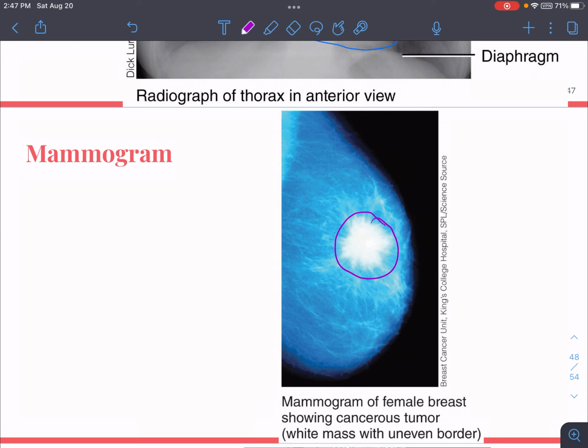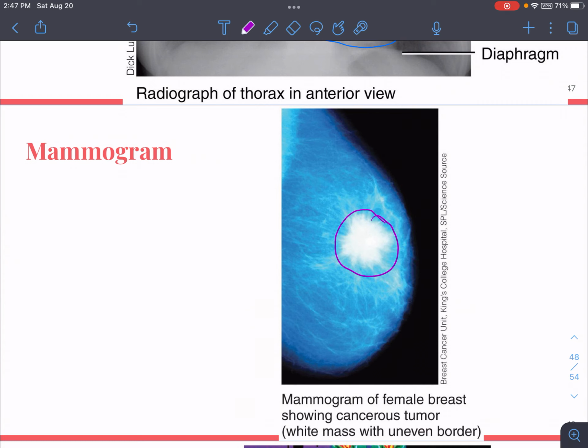This is what they see when they do a mammogram, what they are looking at. As we will learn when we get to the skin, there are some different things to look at when we're identifying cancer. This has a very uneven border. An uneven border is a sign of cancer.